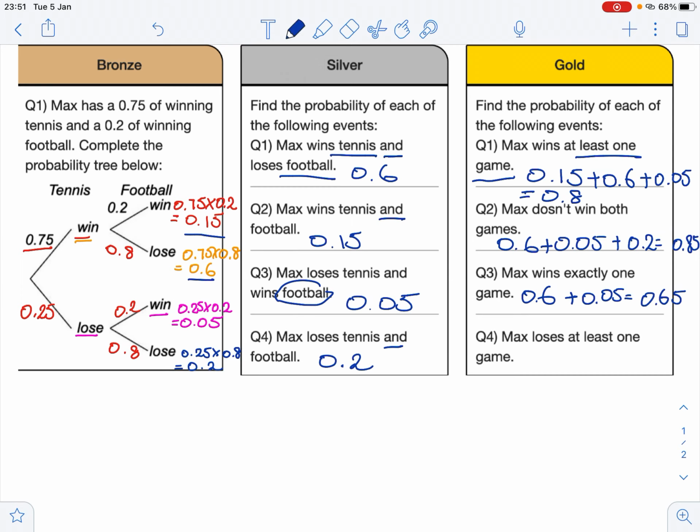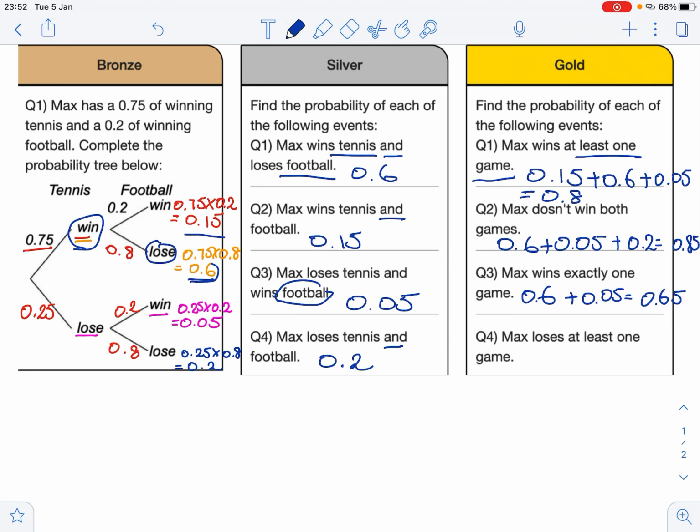And the last question, Max loses at least 1 game. That means he could lose 1 game, or he could lose 2 games. If Max loses 1 game, he could win, then lose.